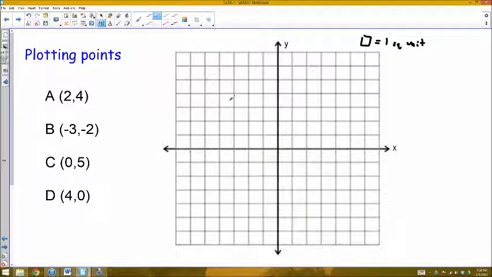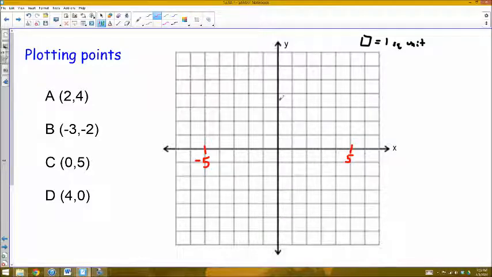Another way of labeling that is I could actually mark off each of these lines being 1 unit, but that's going to get a little crowded. So what I'm going to do instead is mark every 5 boxes. 1, 2, 3, 4, 5 to the right. 1, 2, 3, 4, 5 to the left, and recall that to distinguish our 5 to the right and 5 to the left, we'll use a negative, because a negative is simply a sign of direction, meaning left in this case.